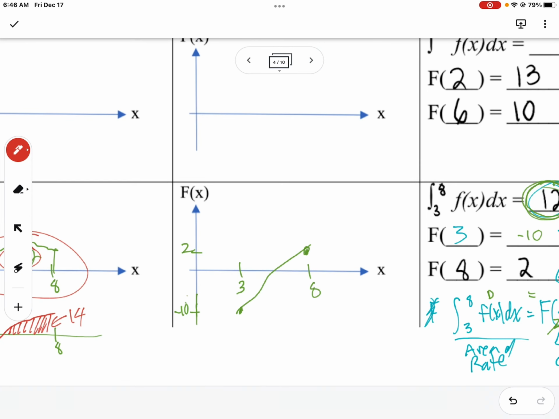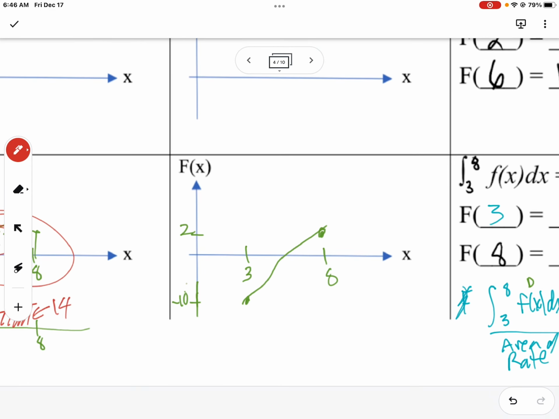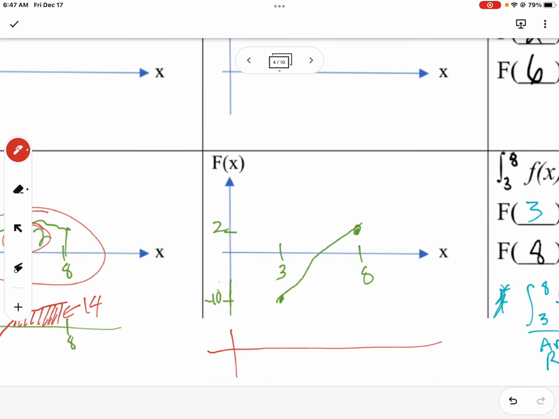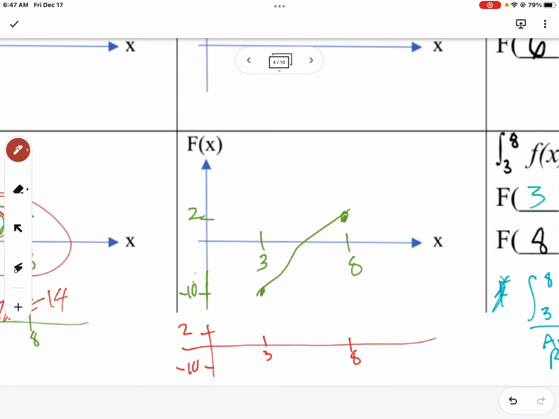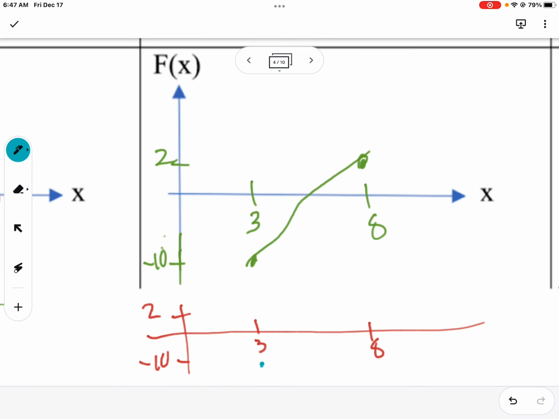And I think you can imagine how that would affect this graph. If I was to sketch it as well, I'm going from negative 10 up to 2, from 3 to 8. Could I have been at negative 10 there and started to drop right away and then gone up to 2?